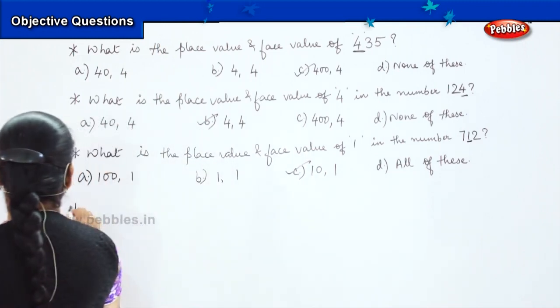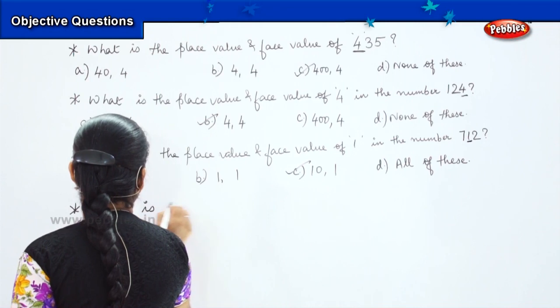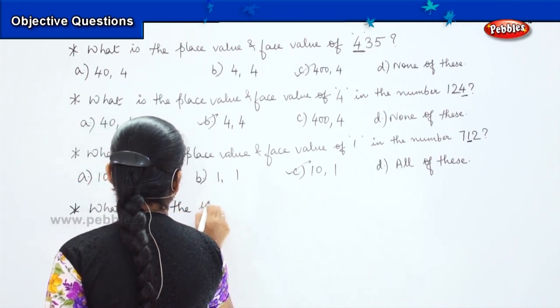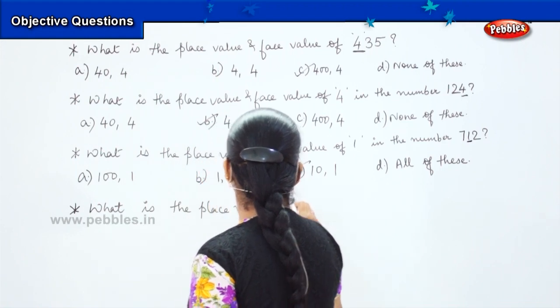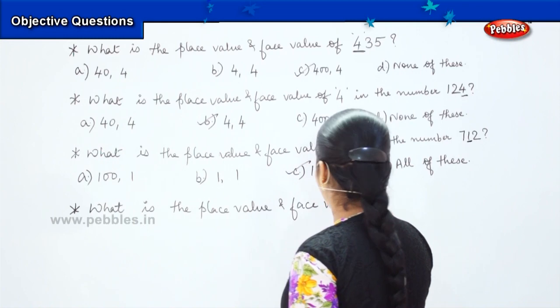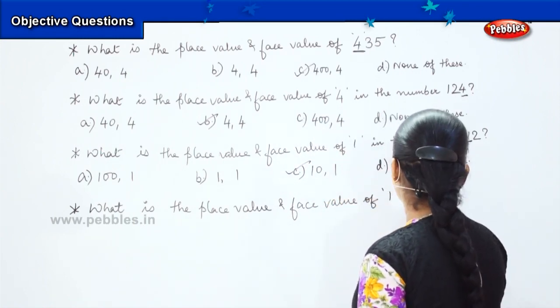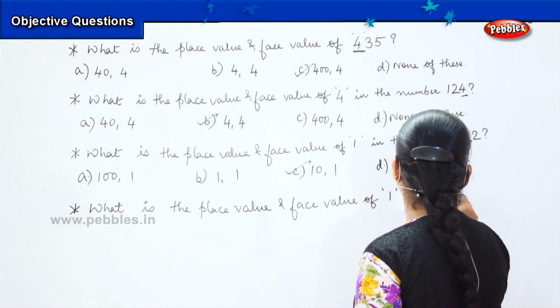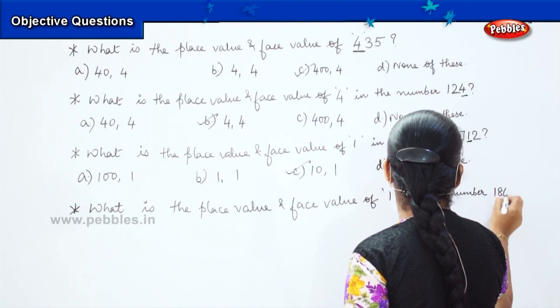My next sum says, what is the place value and face value of 1 in the number 186.